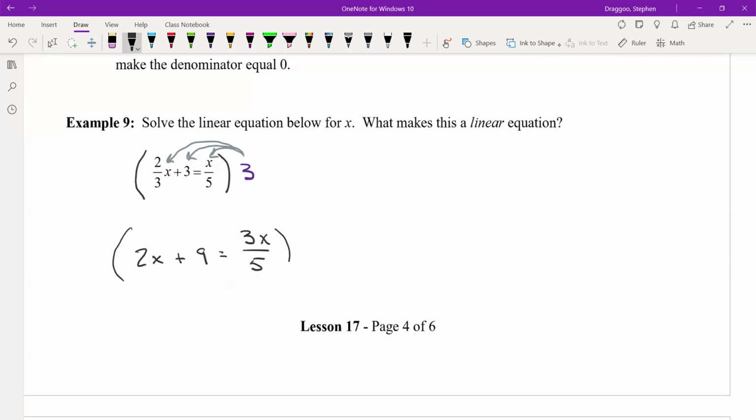Then multiply by 5 this time to keep getting rid of my denominators. Again, make sure that the 5 goes to every term, leaving me with 10x plus 5 times 9 is 45, and that is equal to 3x.